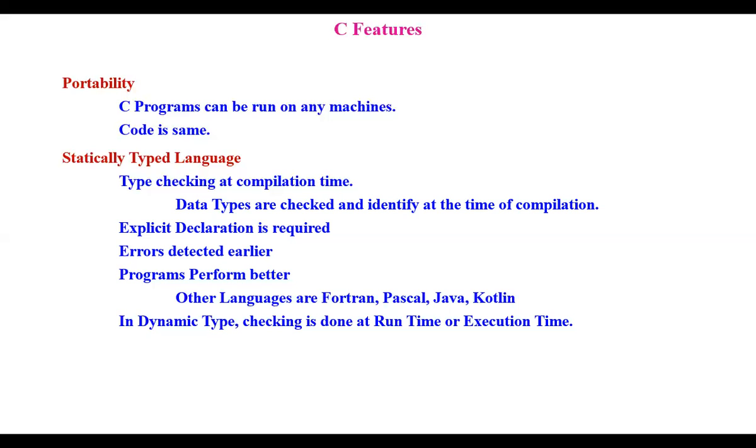So at the time of execution, there will be a problem, and the running of the program slows down. It takes a lot of time. So that is at the end stage. This type of error can be avoided when it is a statically typed language.